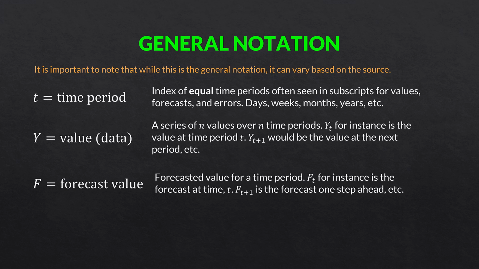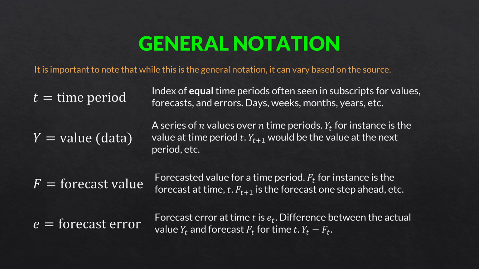F is the forecasted value. So whatever time period we're looking at, F sub T, for instance, is the forecast at time T again. And then F sub T plus 1 is the forecast one step ahead. So it'd be the forecast, for example, for tomorrow. Finally, we have error, so E. You might see this written with epsilon or whatever else, but just like in statistics, you'll see things written with a regular letter, not a Greek letter.